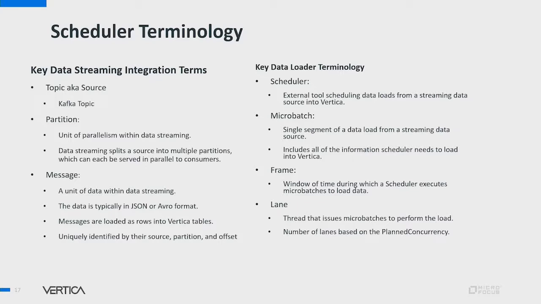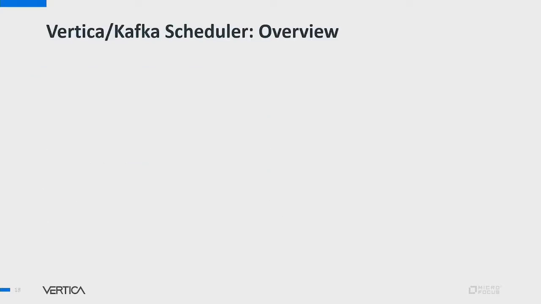Frame is an interval or window of time during which the scheduler executes these microbatches. And finally, lane defines the concurrency of the parallel data loads, and this eventually translates to the planned concurrency of the resource pool that we use for our Kafka scheduler.